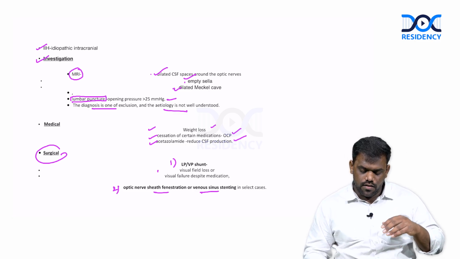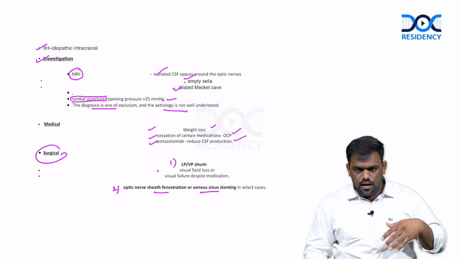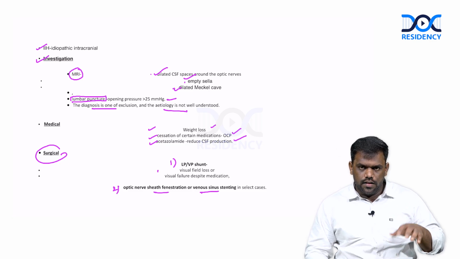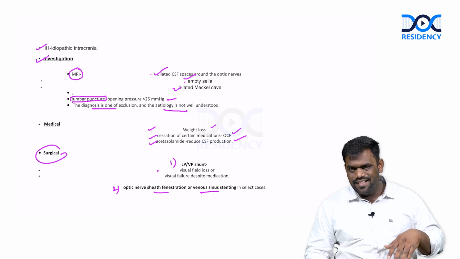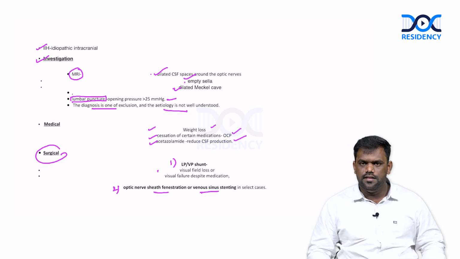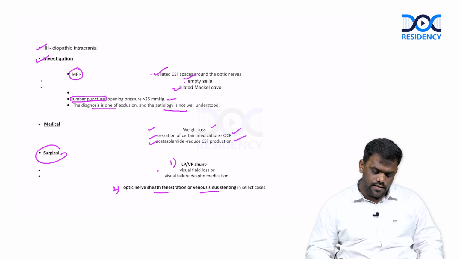More minimally invasive, we can go for optic nerve sheath fenestration, or venous sinus stenting to encourage the venous drainage, in selected cases.